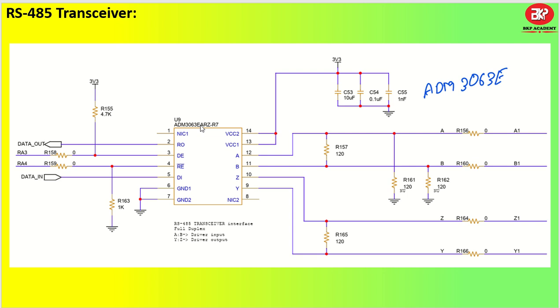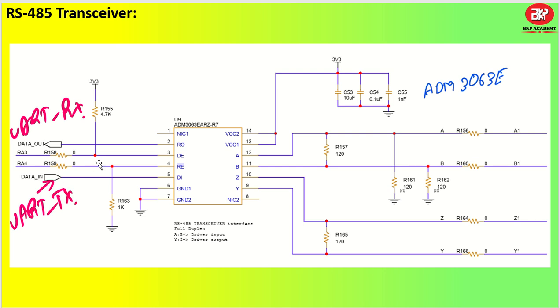Now if you see the full duplex IC, it is similar to the half duplex IC. My data out pin will get connected to UART RX of my MCU, and my data input will get connected to UART TX of my microcontroller pin.